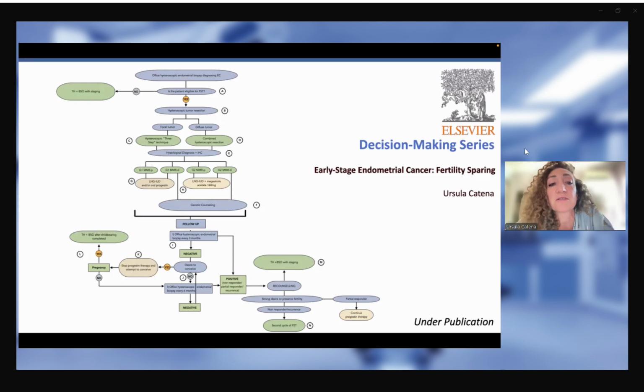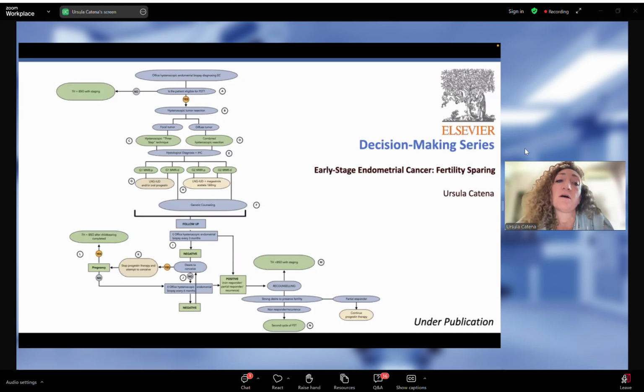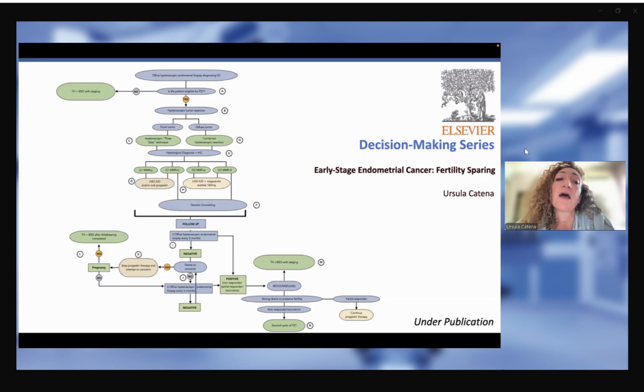In all patients, obviously, we perform histological diagnosis and immunohistochemistry. In G1 patients, we put a levonorgestrel IUD inside the uterus. For G2 cancer, obviously, we have a very strong counseling for these patients. And for G1 mismatch repair deficient, we perform directly double therapy, levonorgestrel IUD and megestrol acetate.